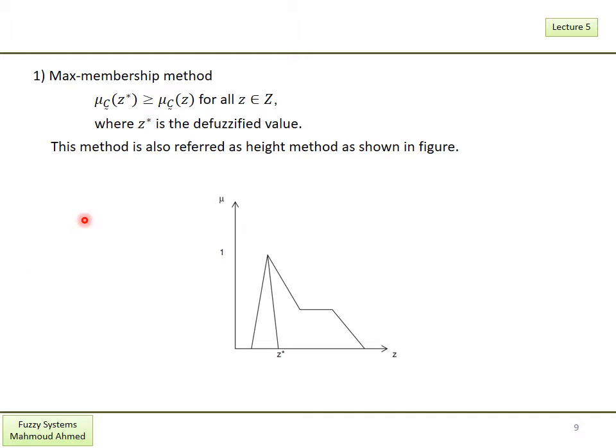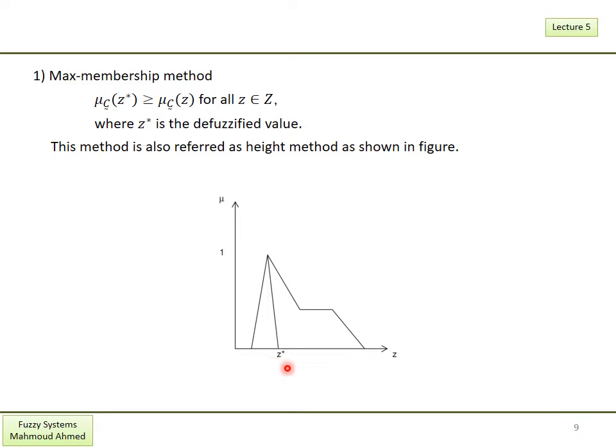The first method is the maximum membership method. The defuzzified value can be obtained directly by obtaining the maximum value in this fuzzy membership function. So can someone here deduce where the maximum value of this membership function is? Yes, it is 1. This is the maximum value. And simply at this maximum value for this fuzzy membership function, we project this point with a line directly on the z-axis and obtain z star.